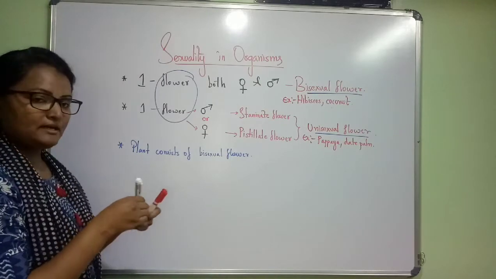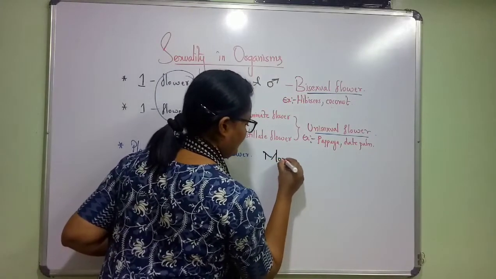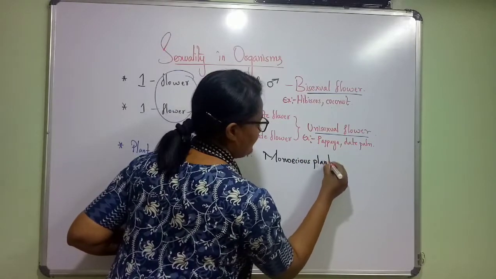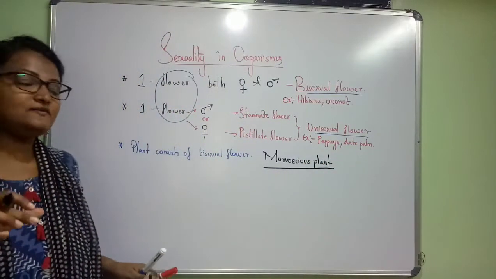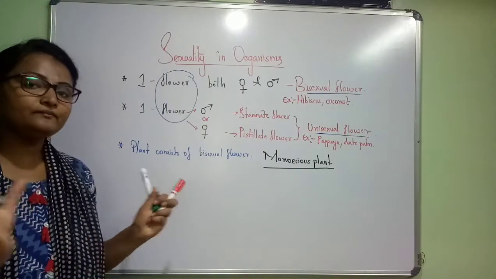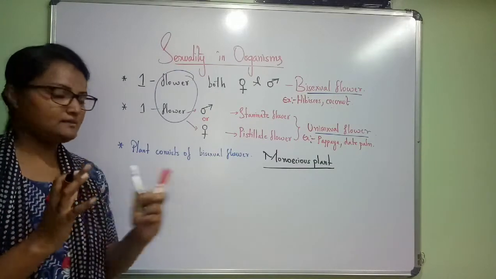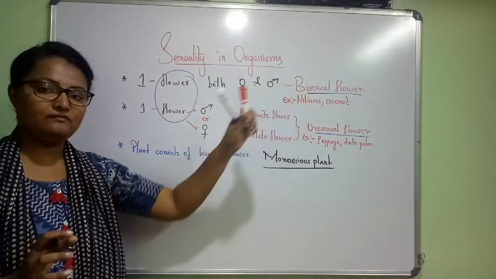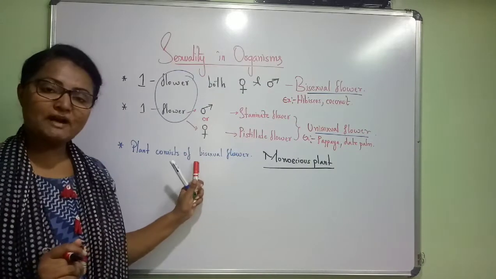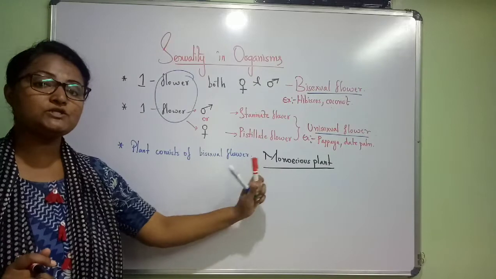Such a plant we call as monoecious plant. Means the plant which contains flowers of both reproductive parts, means bisexual, what we have explained, the flower which contains both the sex organs. And those bisexual flowers, if they are present in a plant, then such plants are called as monoecious.